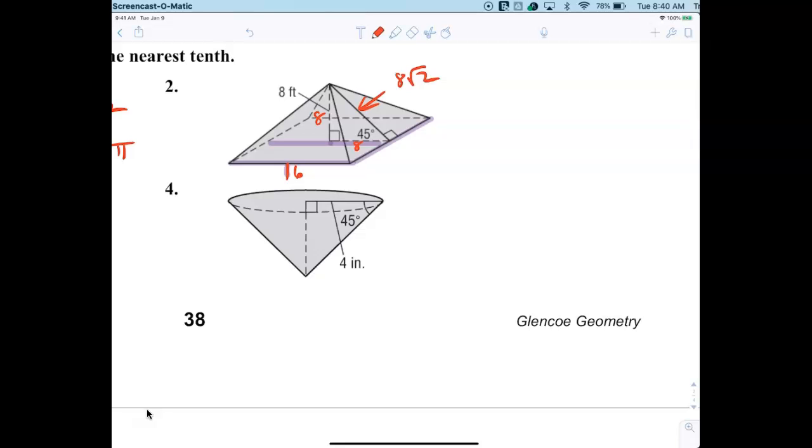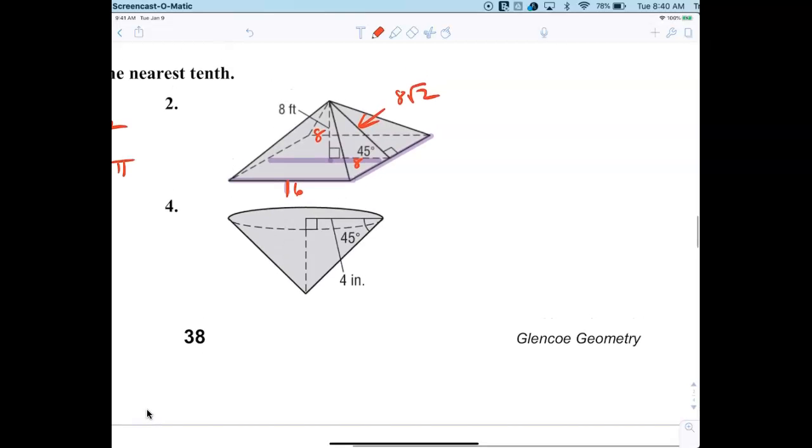All right. So in this particular case right here, the surface area, again, we're going to write it. Surface area is area of the base plus 1/2 perimeter times the slant height. So what's the area of the base, guys?